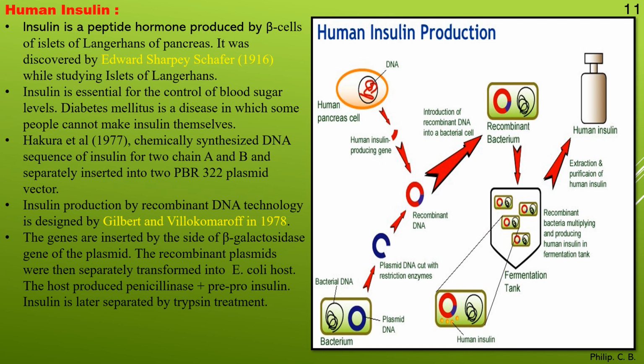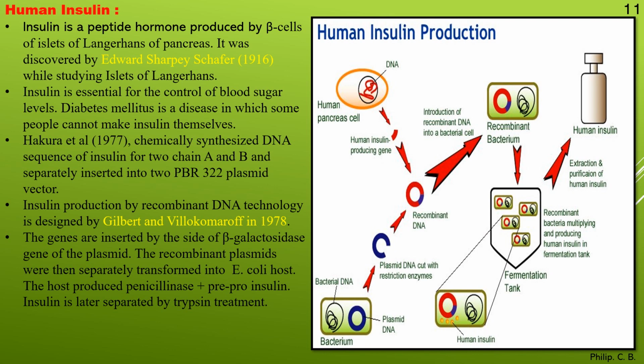On the right side, again I provided an image where you can see how the production takes place. Human pancreatic cell, the DNA, human insulin producing gene, bacterial DNA, plasmid DNA, from where the plasmid DNA is cut with the restriction enzyme, that is the scissor, the biological tool. Then the recombinant DNA is inserted and joined by the help of ligase.